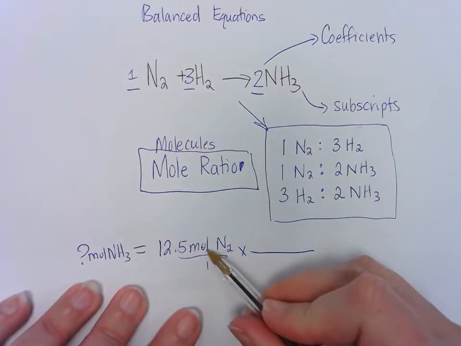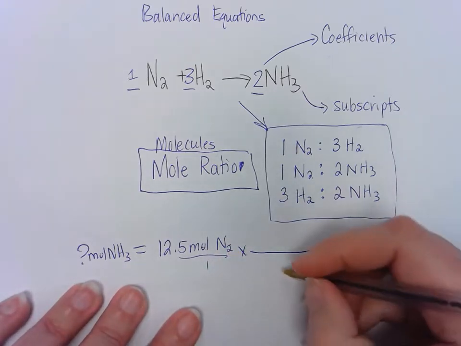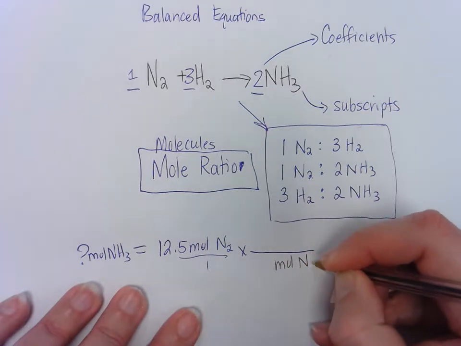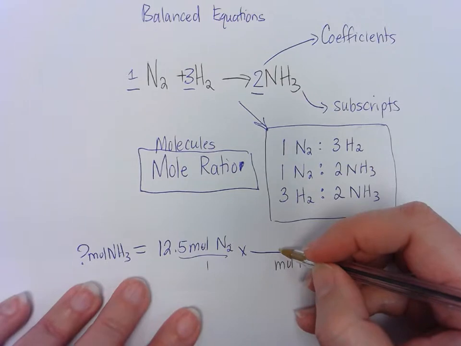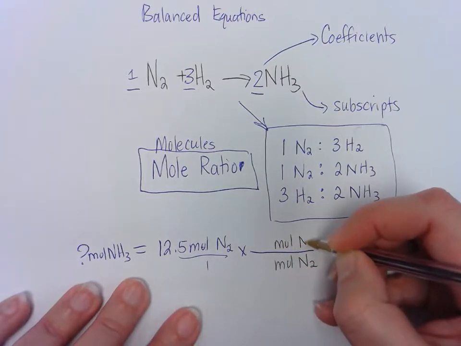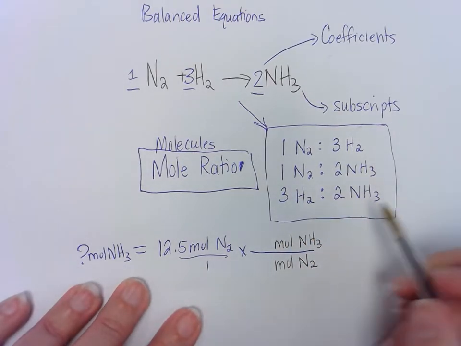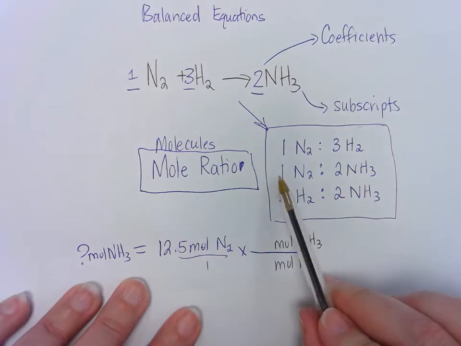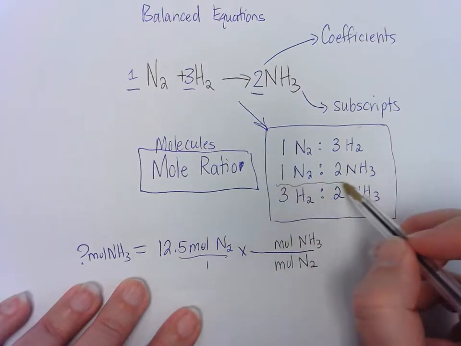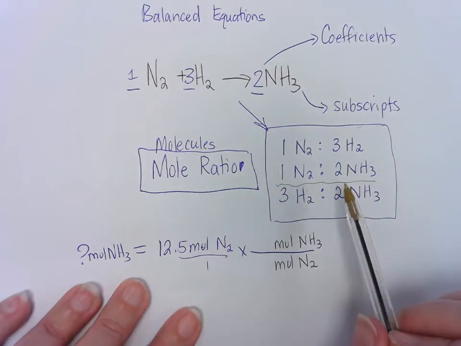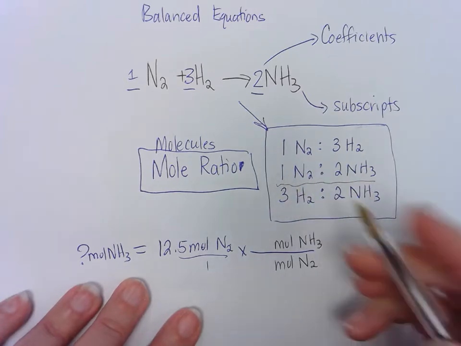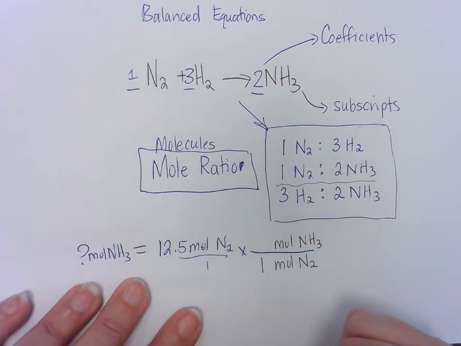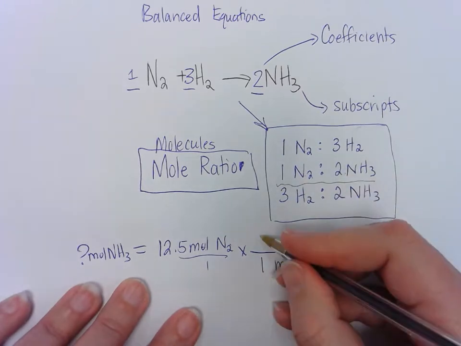I'm going to put moles of N2 on the bottom because I want to cancel my units. And then I can put moles of NH3 on the top because in my list here I have a conversion factor that equates N2s and NH3s. And I see that 1 N2 will get me 2 NH3.